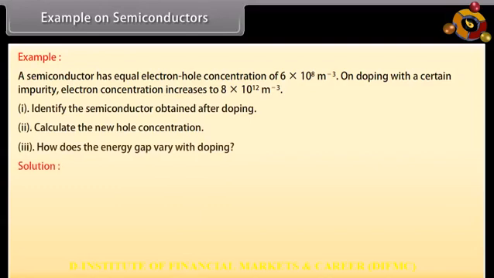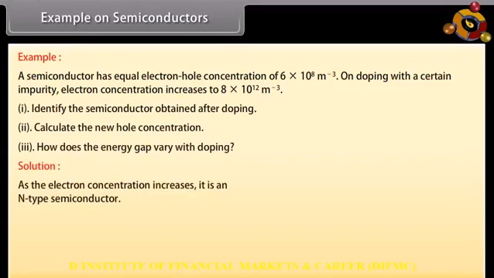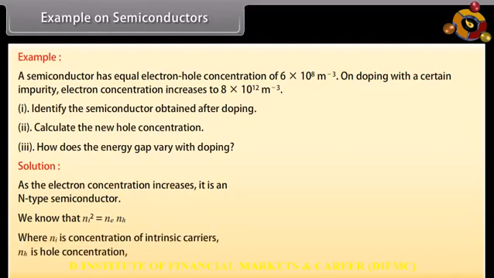Let's see the solution. As the electron concentration increases, it is an N-type semiconductor. We know that Ni² is equal to the product of Ne and NH, where Ni is the concentration of intrinsic carriers, NH is hole concentration, and Ne is electron concentration.